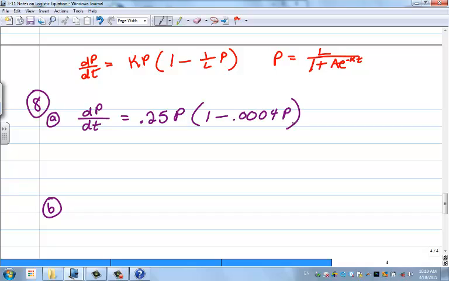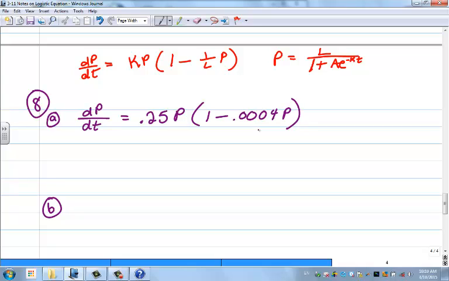And in this problem, I'm thinking that we're asked to find the carrying capacity of this population. All right, so this is already in pretty good form. You may want to rewrite 0.0004 as a fraction, or you could just divide 1 by it, and you're going to find what the carrying capacity of the population is.